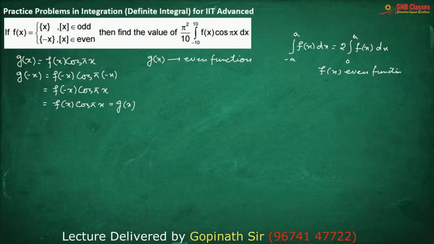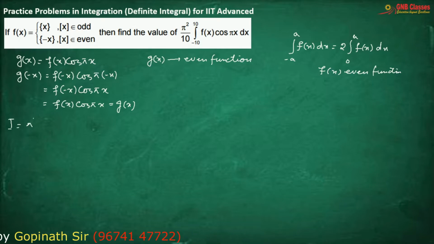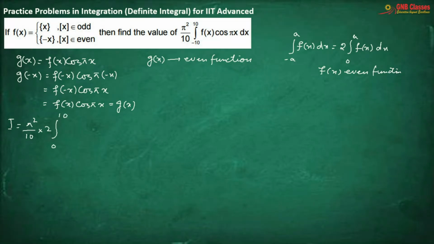Therefore, my integration in this case will become pi square by 10 into 2 times the integral from 0 to 10 of f(x) cos(pi x) dx. Is this much clear to everyone?